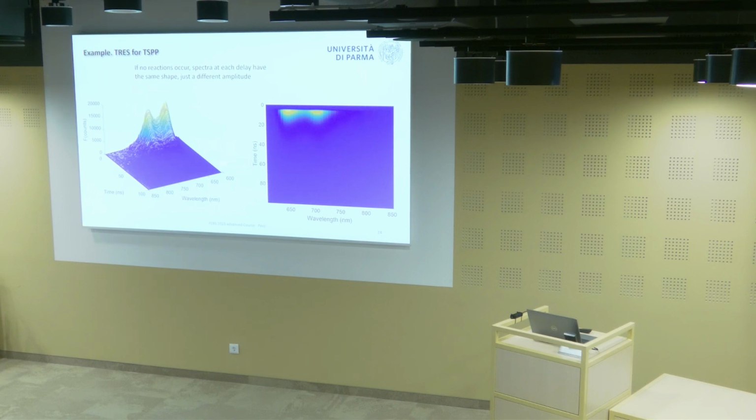You have a decay, and if you make a contour plot, like in the plot to the right, if you cut a slice at a fixed time, you see the emission spectrum we saw before. But if you cut a slice in the other direction, so you fix the wavelength and look at the time dependence, you can see the kinetics of the decay, as we saw before. You can do that for every wavelength.